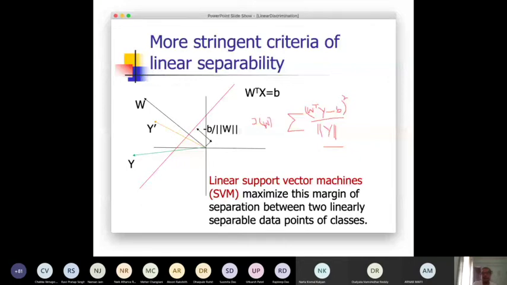Anyone can tell me what should be the gradient vector? I may use half of such factor. Yeah, tell me. If we take, then it will be W transpose Y minus B into Y by norm of Y.